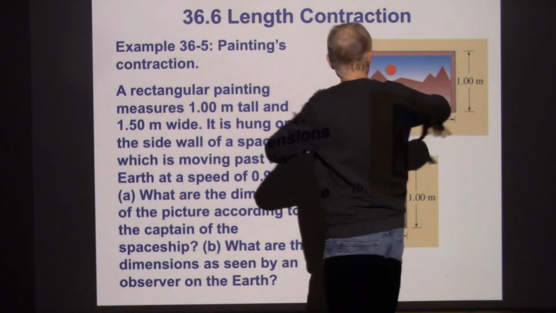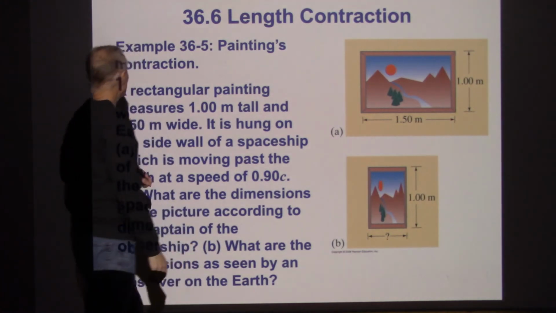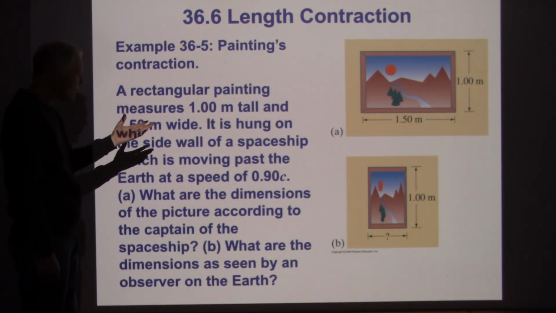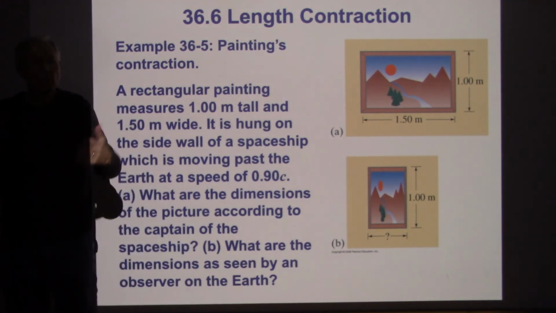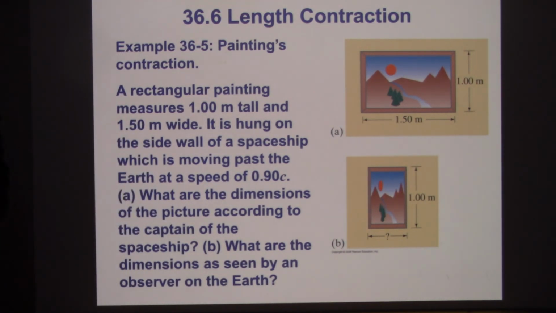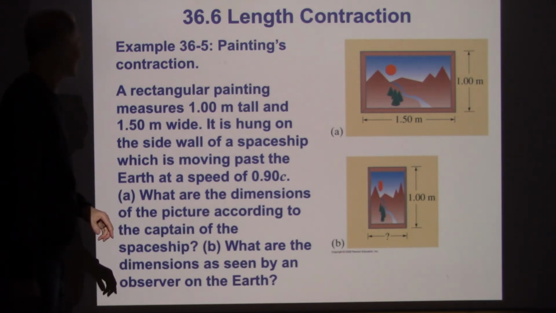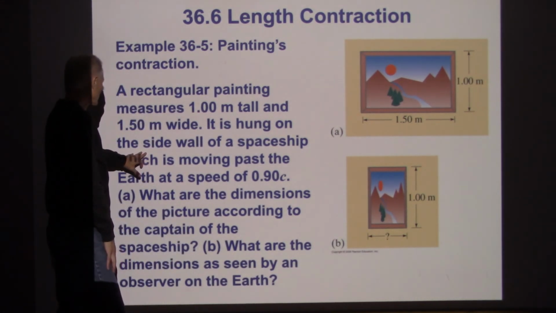So here is this really nice landscape painting, and what happens is the length contraction only takes place in the direction of motion. So if it's hung on the side of a spacecraft, okay, that makes the story more interesting.